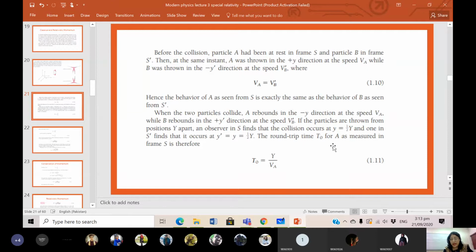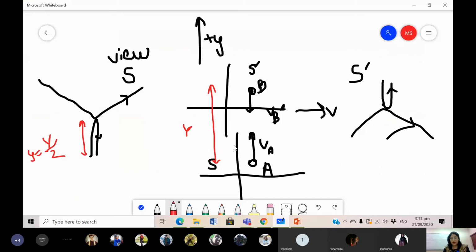And what is the round trip time T naught for A as measured from frame S? As measured from frame S, which is this frame, the round trip time for A is the proper time. Why am I calling it T naught? The time will be T naught for this frame, the proper time, and it will be T for the other frame.